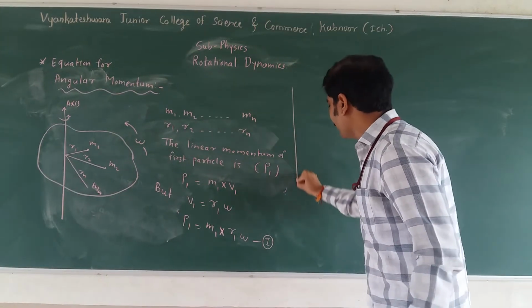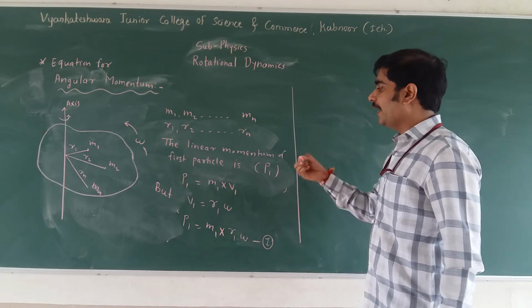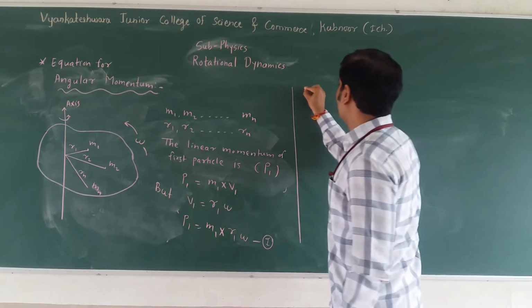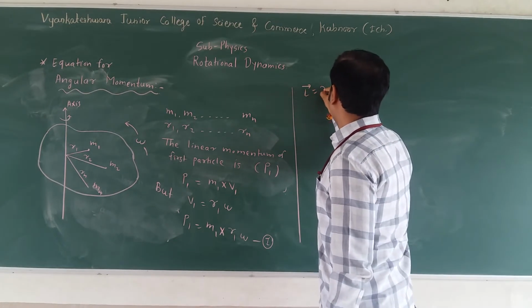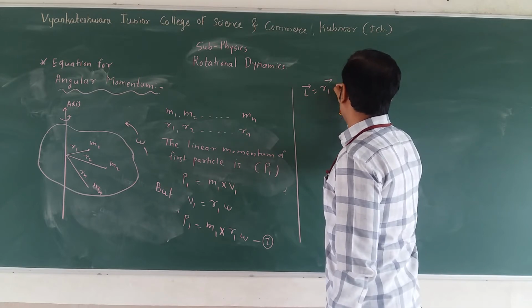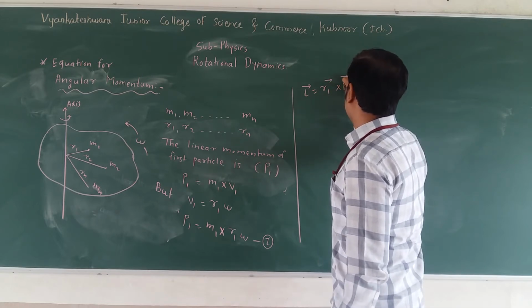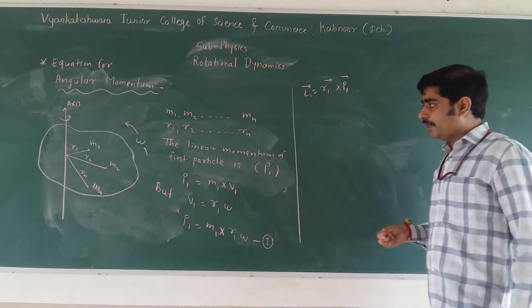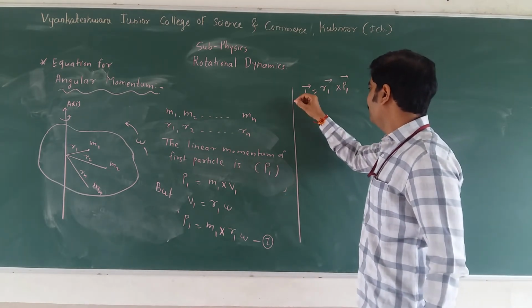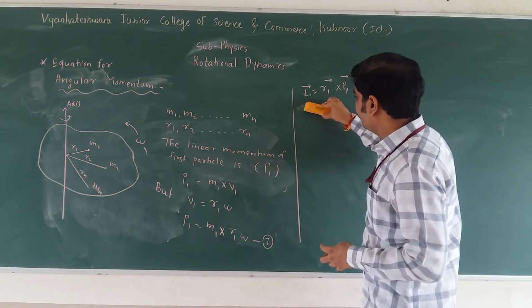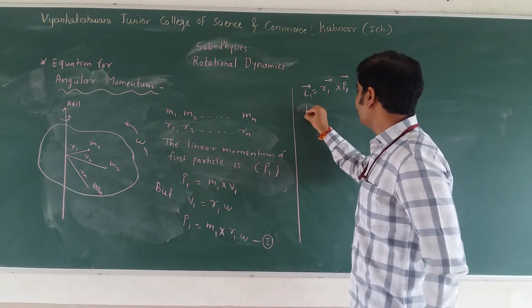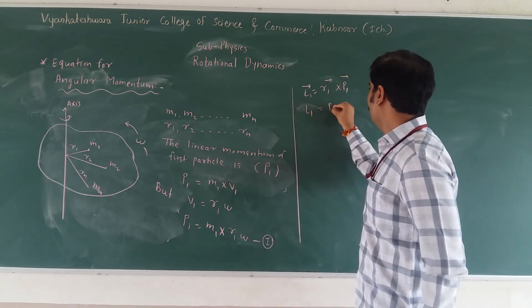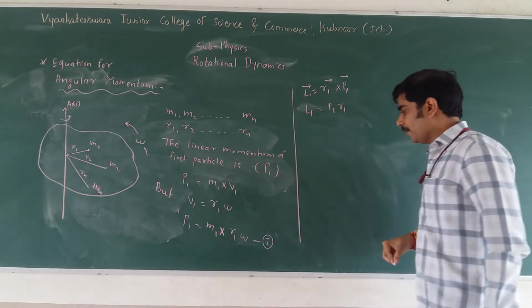Now our aim is to find the equation for angular momentum. So vector L is equal to vector r cross vector p. In terms of the vector quantity we can write this, now I remove the vector. When we remove the vector, you can write directly L1 is equal to p1 into r1.